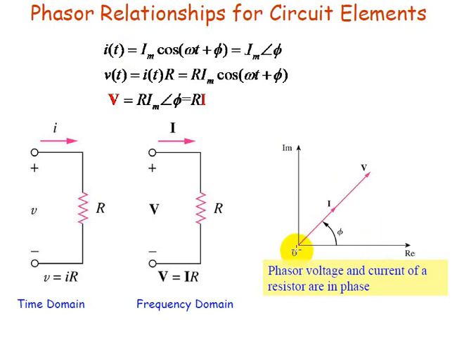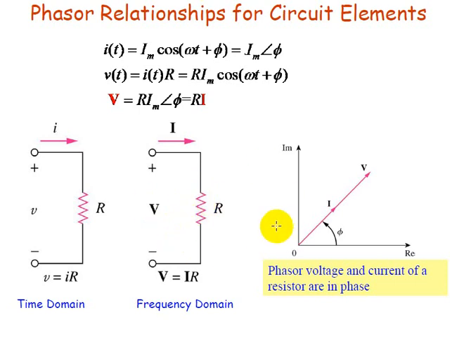For current we have Im, and the angle is also phi. You can easily see that the voltage and current are in line, which means they are in phase. This is the phasor relationship of a resistor.